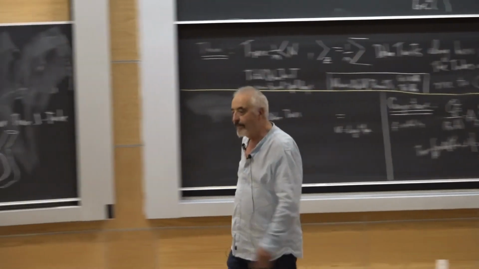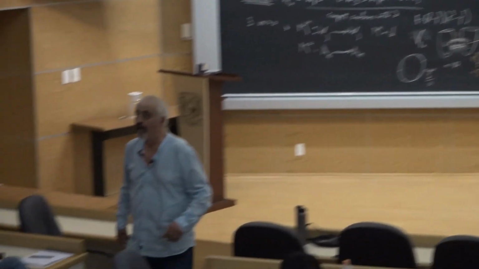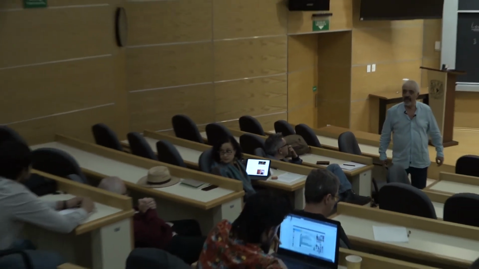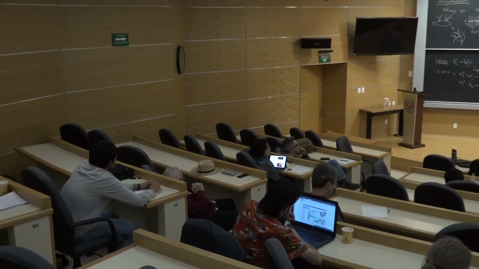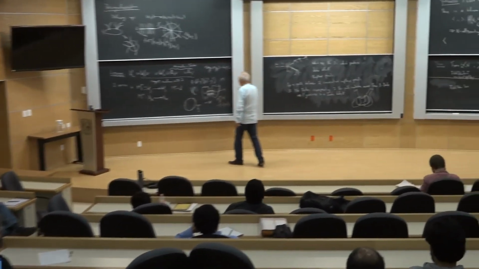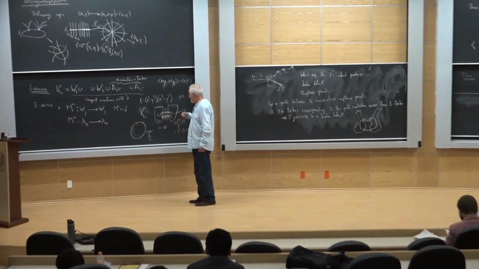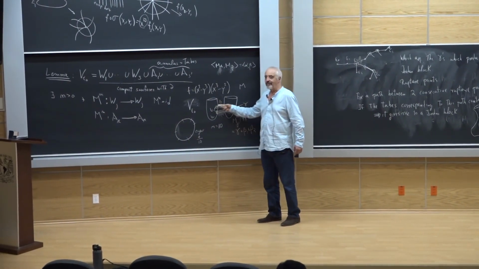If f is quasi-homogeneous, then N should be 0. Excuse me? If f is quasi-homogeneous, N is 0. Exactly. So this means that if N is 0, then there are no tubes of this form.